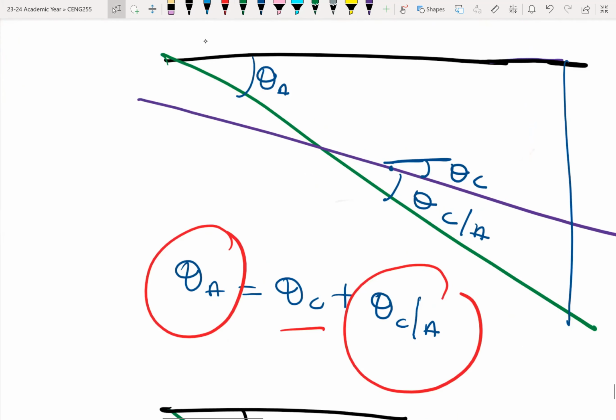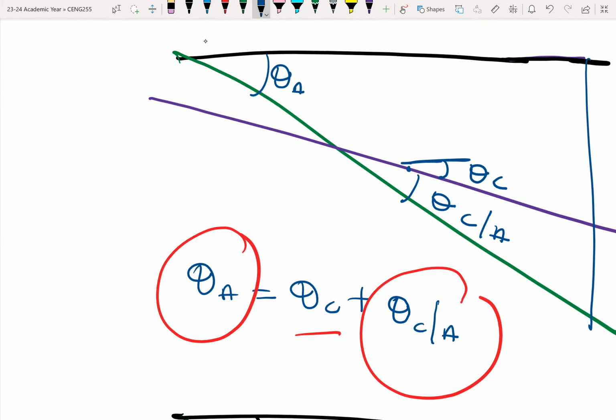In this case, I have my horizontal a bit skewed, some distance away, but I can push it all the way to here. And once I push it to this point, it is the same theta C. So the total angle at this point, from the horizontal to the tangent at A, becomes this angle. Let me call it phi, where phi is equal to theta C plus theta CA.